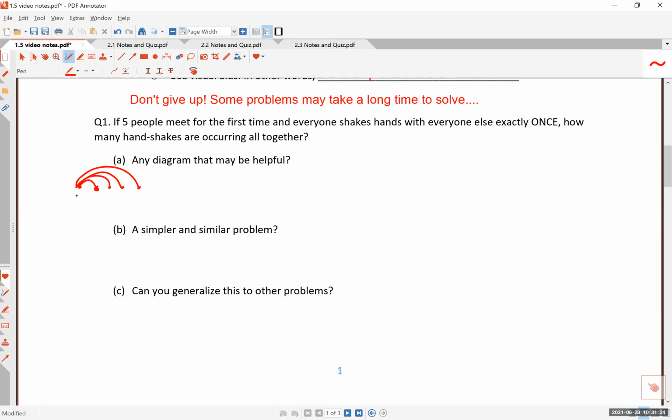So maybe you can list them as person 1, person 2, 3, 4, 5, and 1 and 2, 1 and 3. Maybe 2 and 3 have to shake hands together, 2 and 4, 2 and 5. 3 has already shaken hands with 1 and 2, and so on. So that's a possibility. It's a little confusing because you have to start drawing these pictures like this, and maybe it's hard to count.